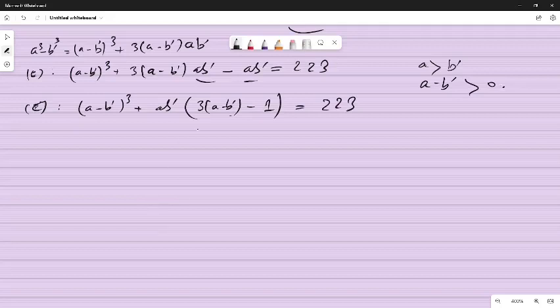So this quantity is strictly positive, and then we can say that 3(a minus b prime) minus 1 is greater than 2a minus b prime, because here we have a minus b prime greater than 1.